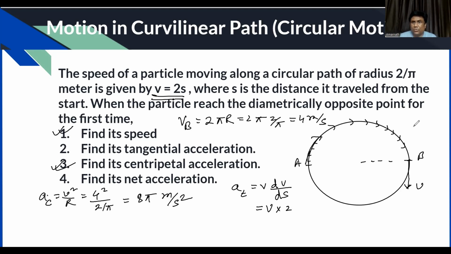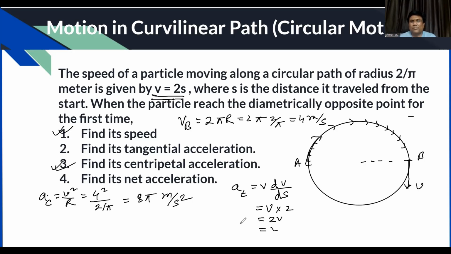See, v is 2s. So dv by ds is only 2. So it means 2 times v. It is equal to 2 times v, means 2 into s.